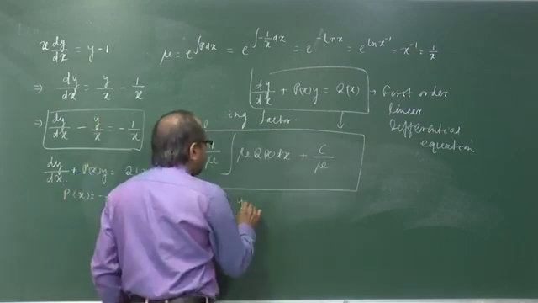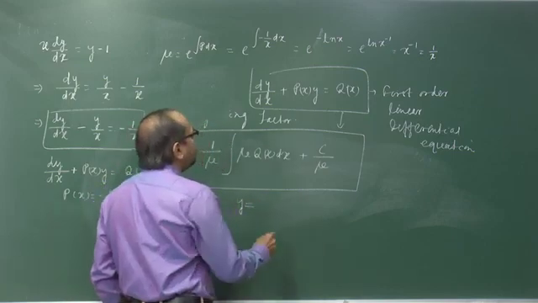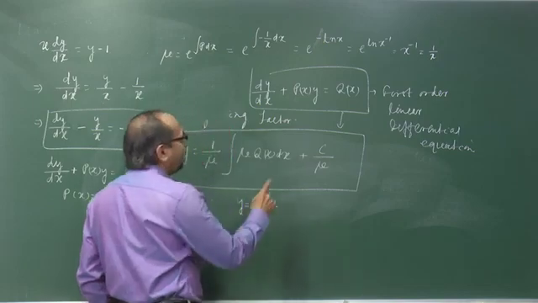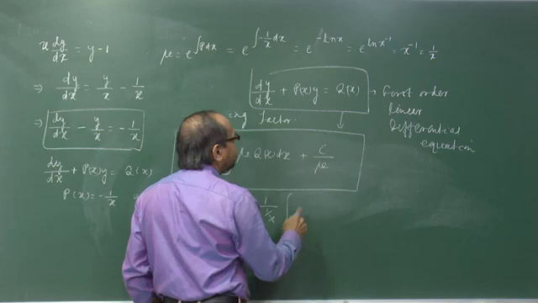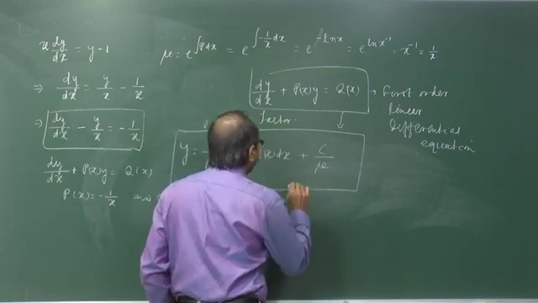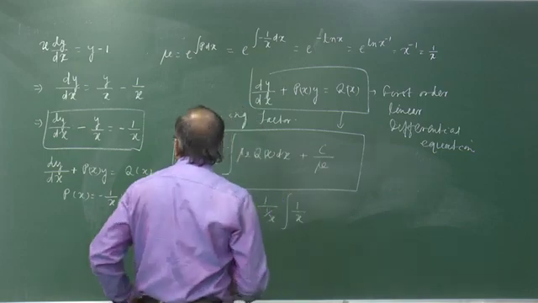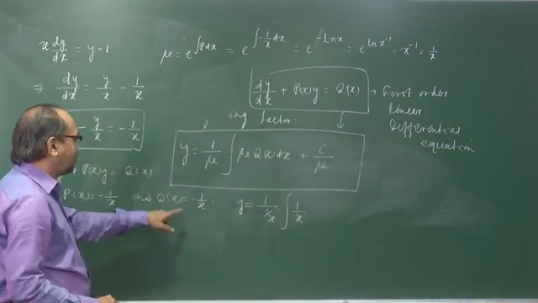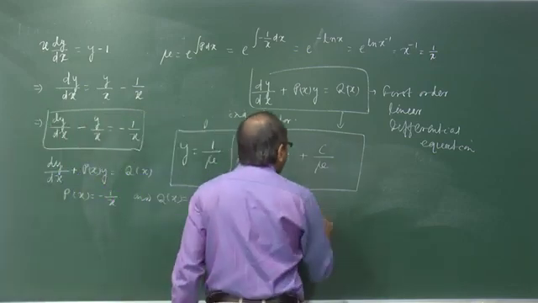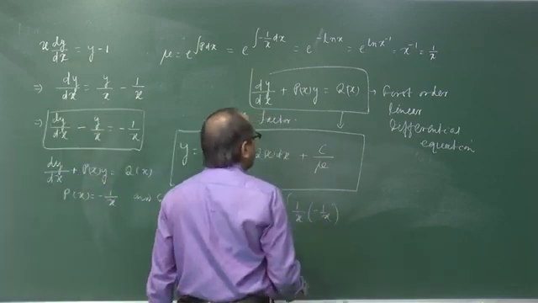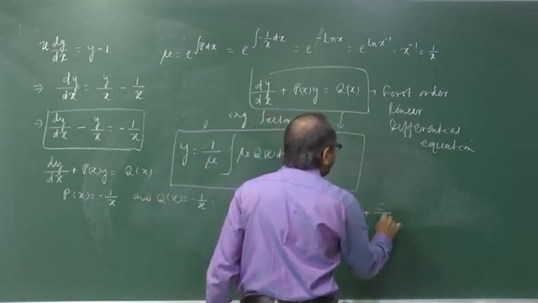So, we obtain y is equal to 1 by mu, that is 1 by x, into integration of mu, that is 1 by x, into q of x. What is q of x here in this equation? Q of x is minus 1 by x. So, into minus 1 by x dx plus c by mu.